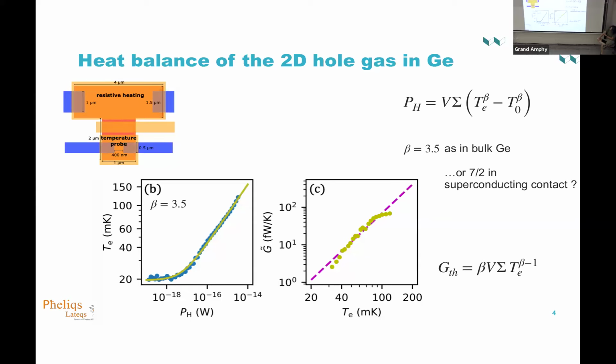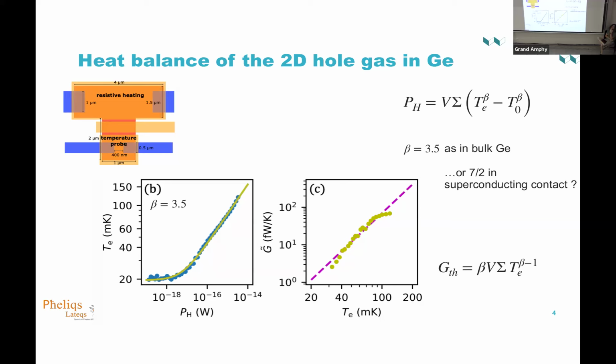In this material, we found a power law that works well, though over a finite range of powers and temperatures. The problem is that no thermometer works well over several decades in temperature, and the same is true for heating. You get different dominant heat leak mechanisms at different temperatures, so it only works in a limited temperature range. What we found there is 3.5, and this is exactly what people have reported in bulk germanium.